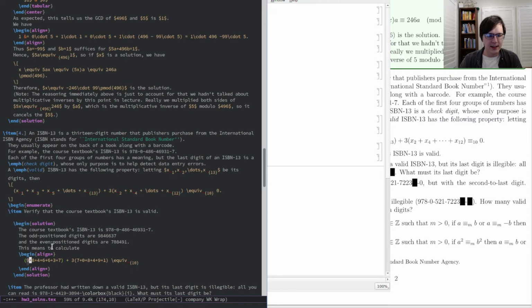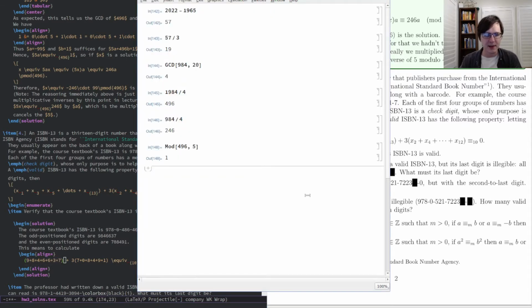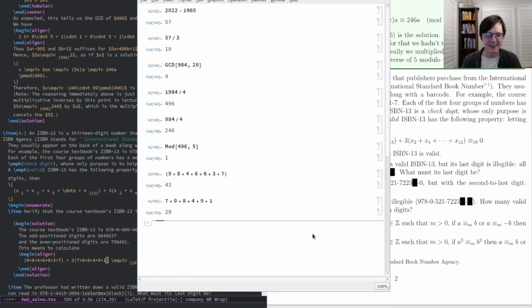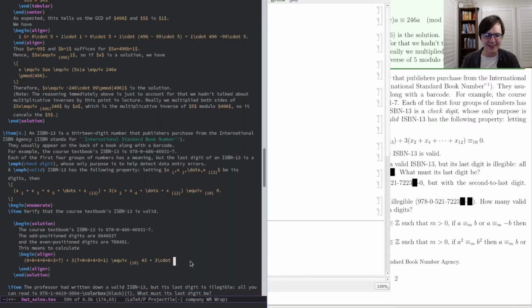So, thankfully, this is valid input from Mathematica. So that's 43. I'm just going to do it in steps because these are solutions, but you just calculate it. Any calculator can do this.